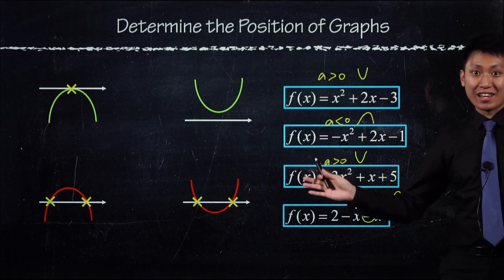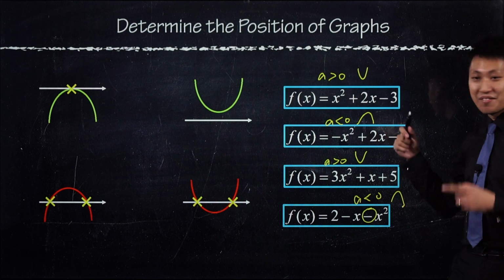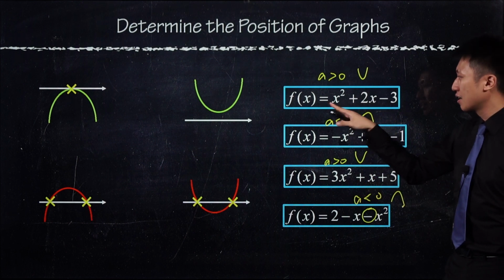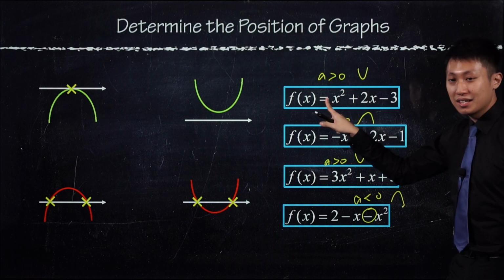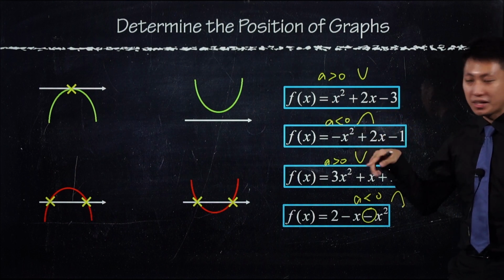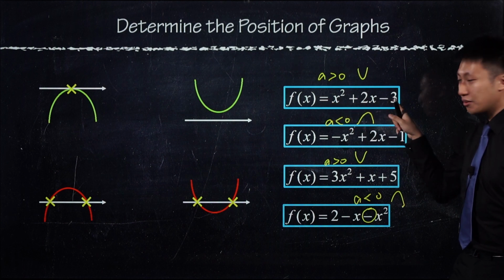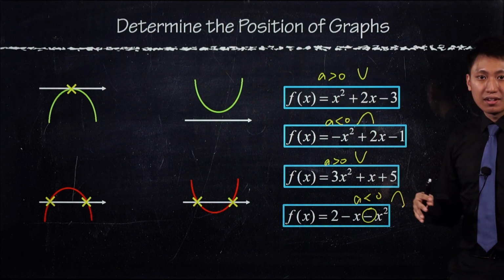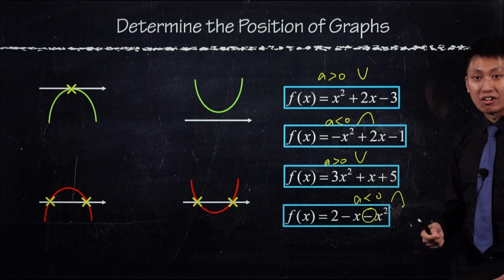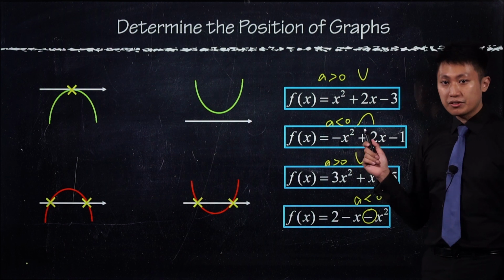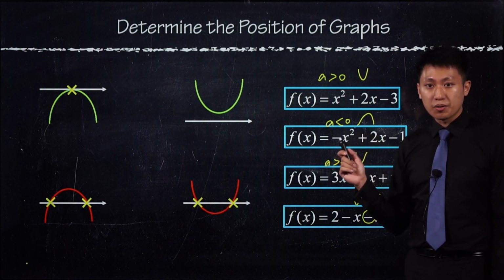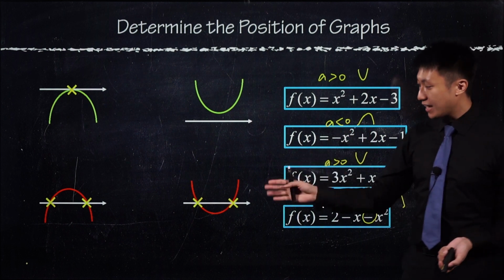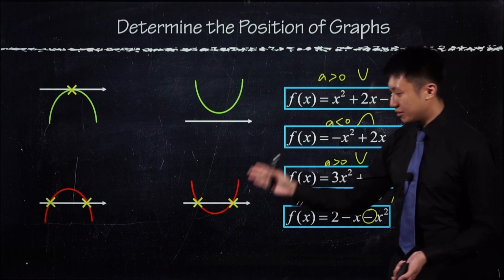I don't need a calculator, you might need one, or maybe you can go with me. b squared means 4, minus 4 times this 1 times -3. So it means 4 plus what? 4 times 3, the 12. So you add them up. So b squared minus 4ac is bigger than 0. Bigger than 0 means it has two intersection points with the x-axis. Then it should be this one, right? Okay.